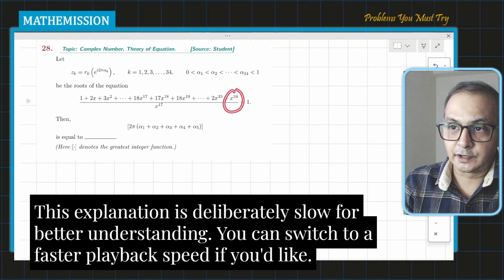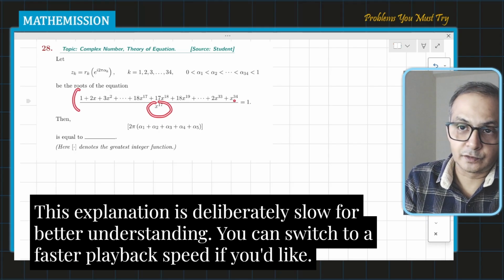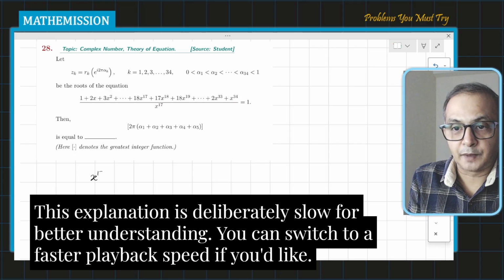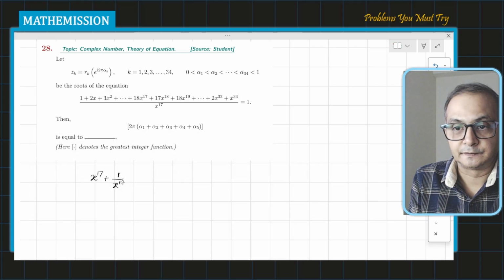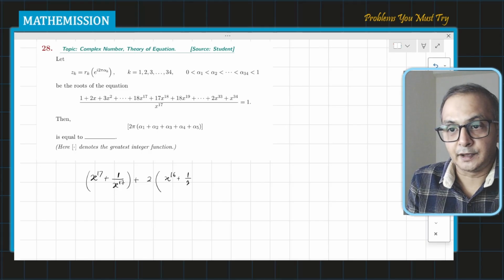Like x to the power 34 divided by x to the power 17 gives x to the 17, and I take it with 1, so I group them as x to the power 17 plus 1 by x to the power 17. Similarly, if I group with the coefficient 2, I get 2 times x to the 16 plus 1 by x to the 16.